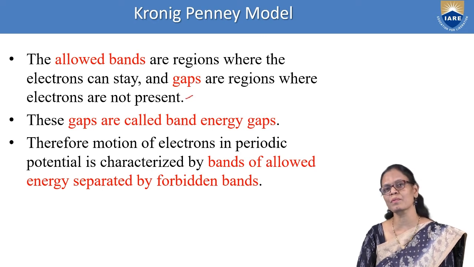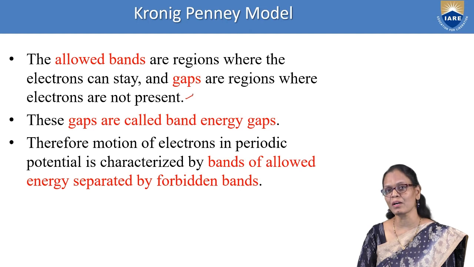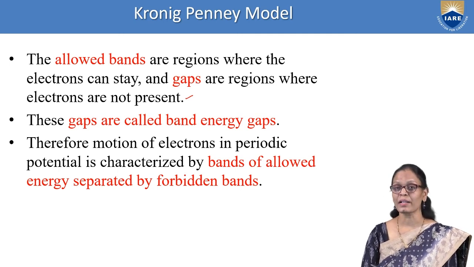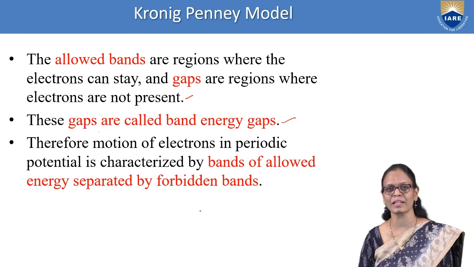Why are the electrons not present? Because they are not allowed. Why are they not allowed? Because we have put the limitations. Only those regions lying between +1 and -1 are allowed, and the other regions we call gaps, or band energy gaps.